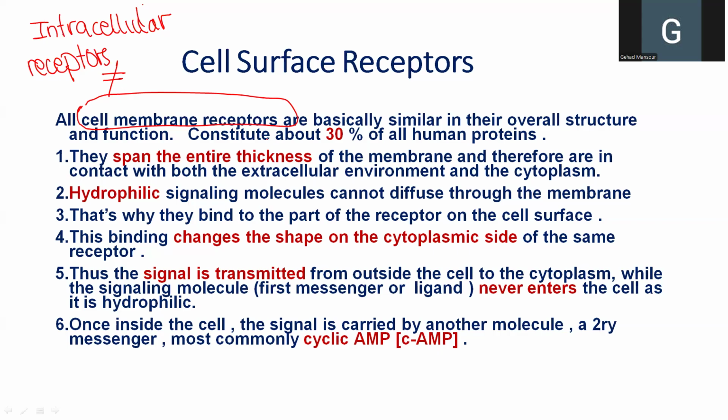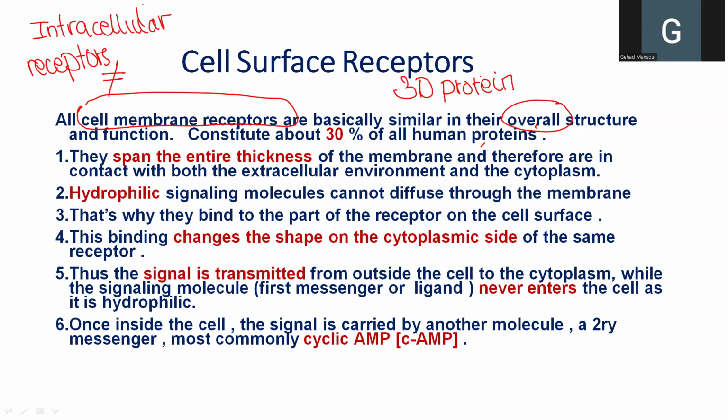Of course, there are differences, but what do we mean by basically similar? For example, they are mostly protein in nature, and they should be 3D proteins in order to have an active site and be capable of binding with the signaling molecule.